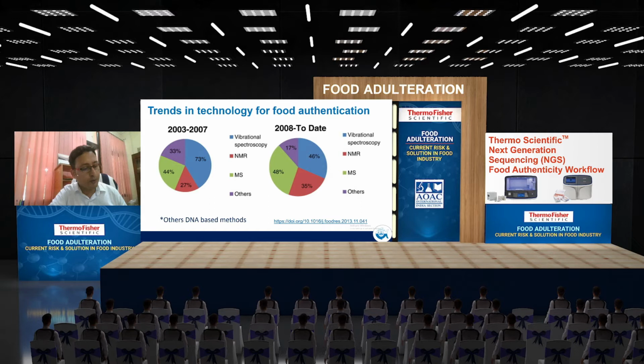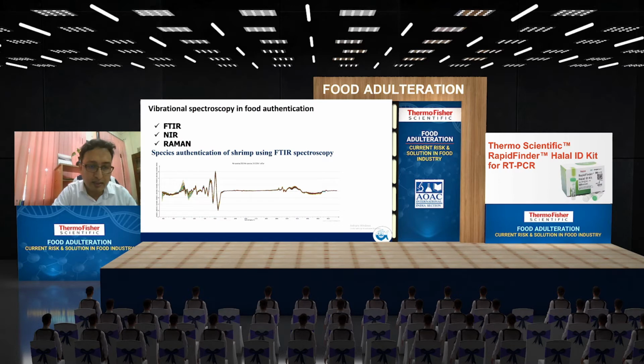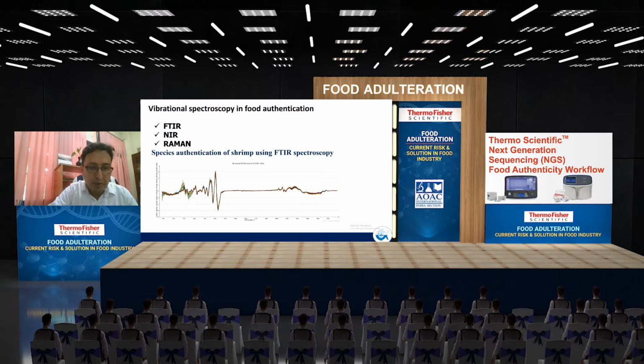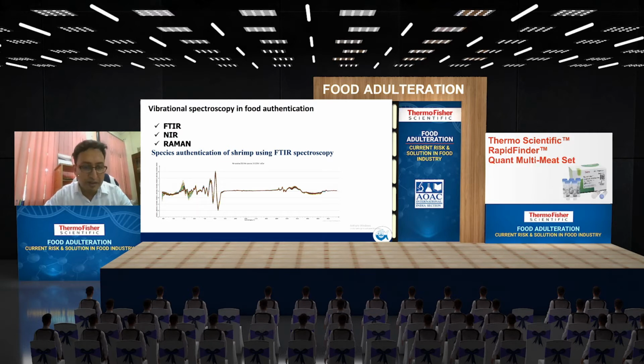So let us start with vibrational spectroscopy. By vibrational spectroscopy, I mean FTIR, NIR, and Raman. Here in our lab, we did a small experiment with FTIR spectroscopy. We recorded spectra of different shrimp species. Basically the spectra look like this after different filtration and derivatization treatment.